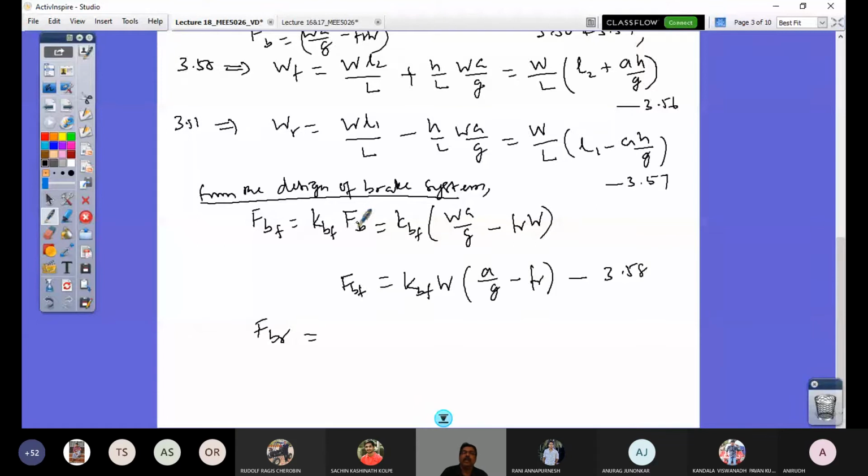That would make you lose steering control as well as directional stability. So that is not preferred, correct? That's what you have to understand.